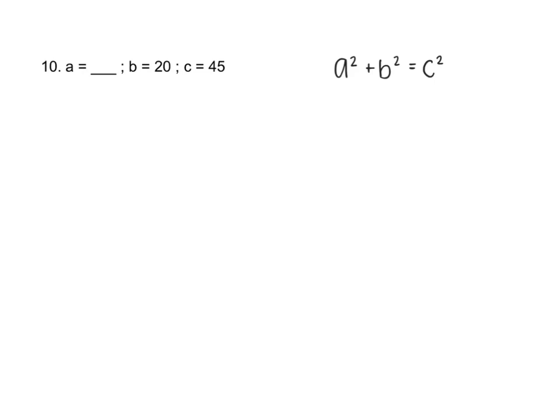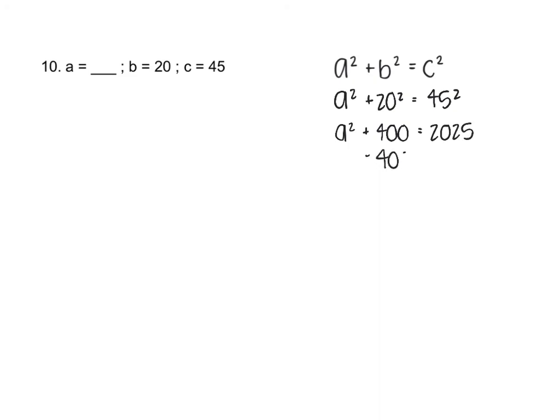For our last question, we're provided the side lengths of b and c, and we're solving for a. So we can start by substituting the values we know into our equation. So we get a squared plus 20 squared equals 45 squared. Then we can simplify our expression by doing 20 squared, turning that into 400, and 45 squared, giving us 2025.